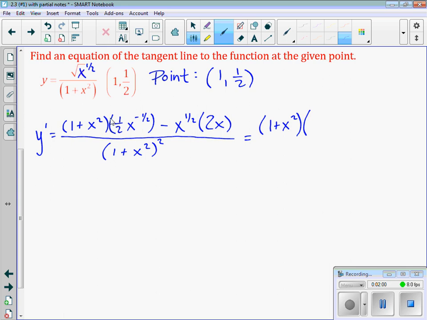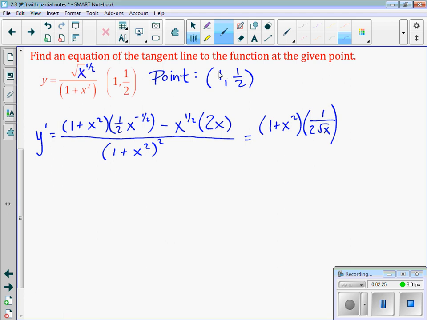So this piece here would turn into 1 over 2 square root of x. Does everyone see where that comes from? The x to the negative half turns into an x to the half on the bottom. You could keep it as x to the half.